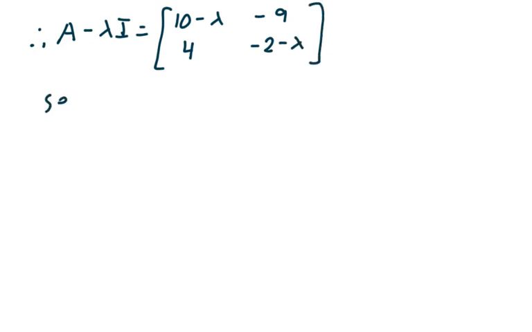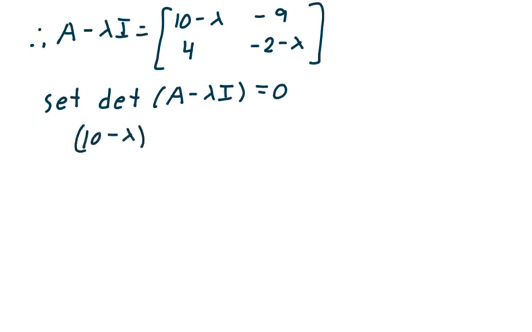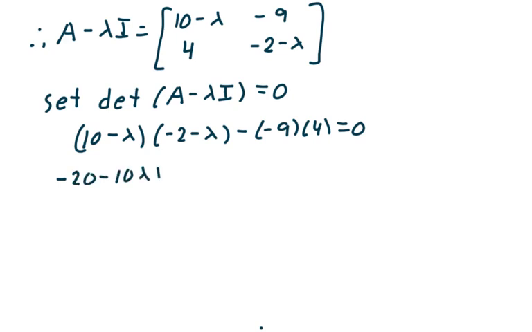And so I'm going to set the determinant of A minus lambda I equal to 0. Okay? And so 10 minus lambda times negative 2 minus lambda minus negative 9 times 4 equals 0. And so if we FOIL this out, we get negative 20 minus 10 lambda plus 2 lambda plus lambda squared plus 36 equals 0, right?